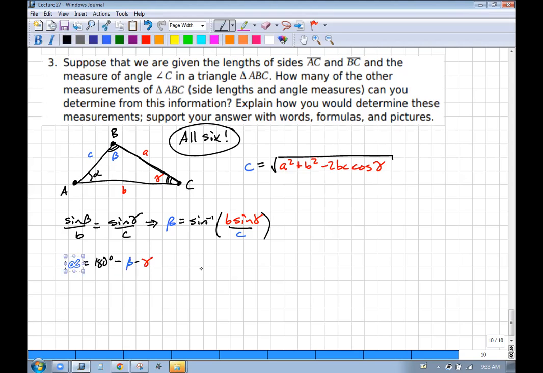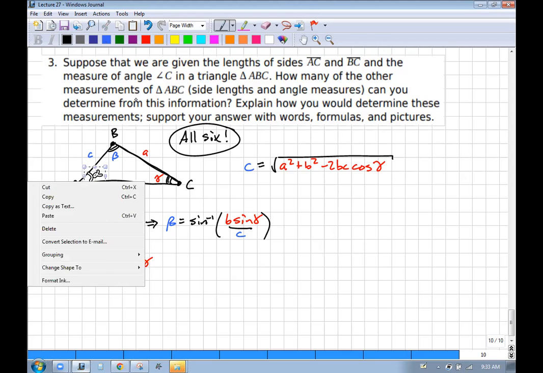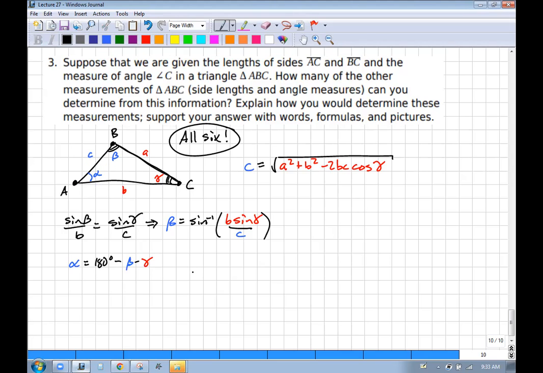Therefore, we now know alpha. That's the whole triangle, isn't it? So there's your formulas. Anytime you have 3 pieces out of the 6, you can solve the triangle.